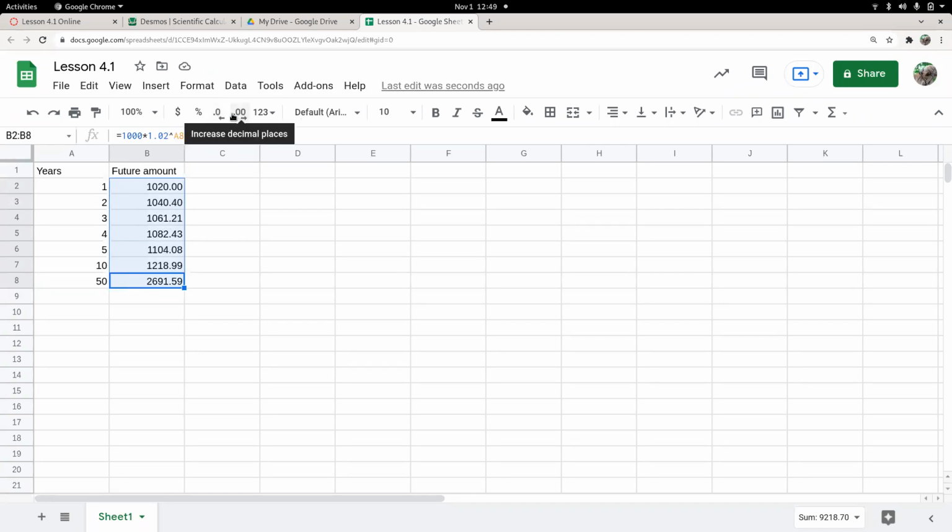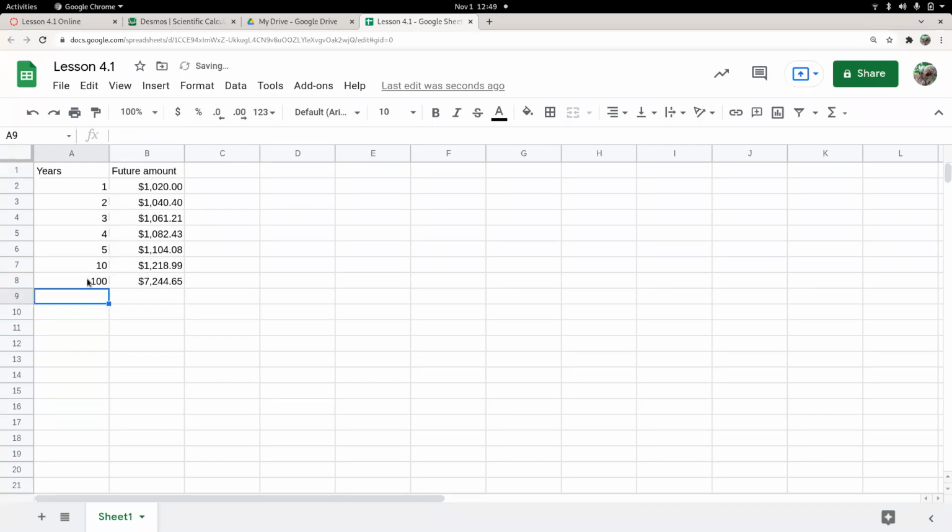Instead of using the change the number of decimals viewed, I could have just hit the currency format, which does that, plus put the cute little dollar sign in front and commas, which is kind of nice. And again, if I replace that 50 with a 70, it's going to automatically update that amount for me. Remember, there's that almost $4,000 we found before. If I could leave this in there for 100 years, I would have over $7,000, starting with the original 1,000.